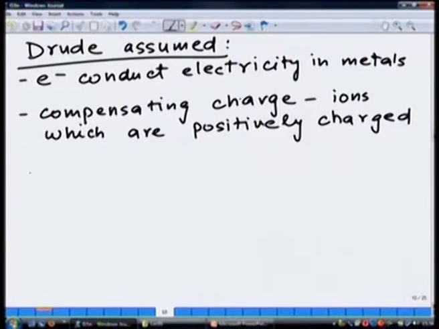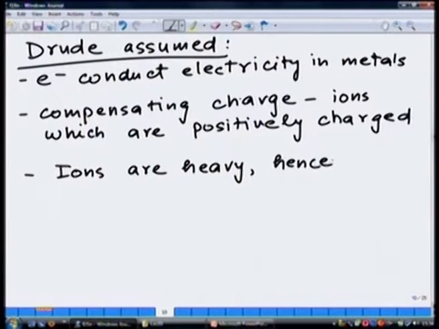Another thing he says is that ions are heavy, hence immobile. This is another assumption he makes.